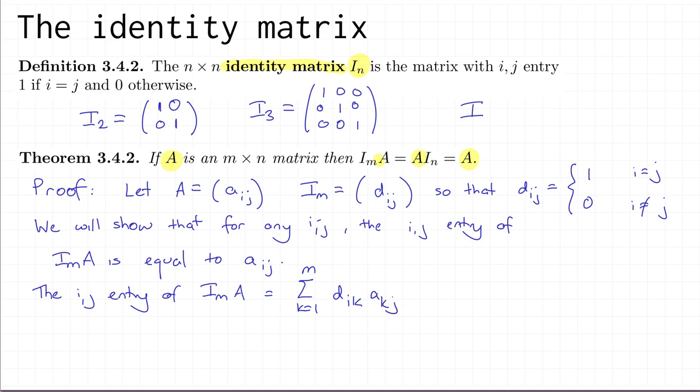Okay, but let's think what happens here. So most of those d subscript ik are equal to 0. So most of those terms in the sum are actually 0 because there's 0 times akj, and 0 times anything is 0. So most of the terms in the sum are 0.